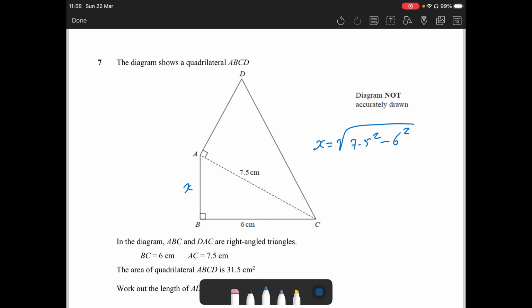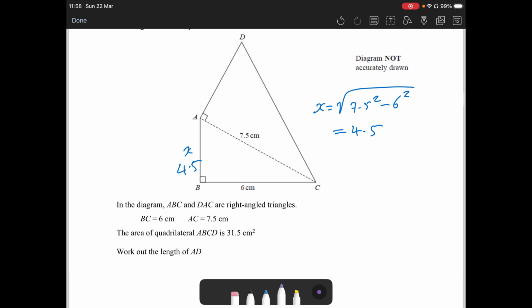Cool. So you got your first length, 4.5 is here. So let's work out that area. The area, which I'll label in purple, is a half of 4.5 times 6, 27 halves or 13.5.